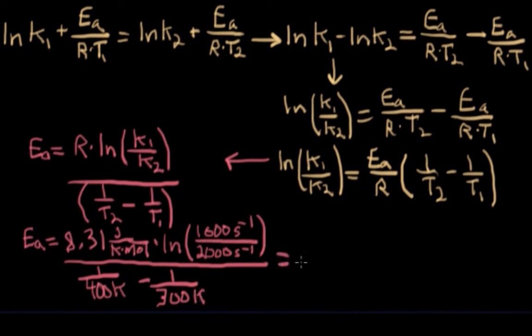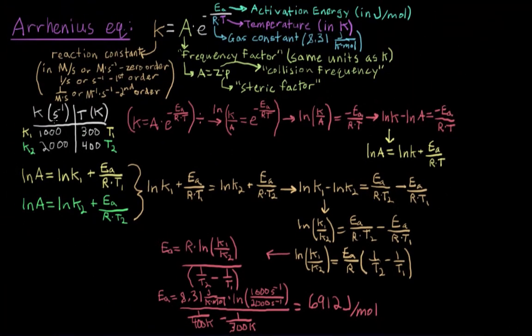And then we just plug this into a calculator, and we get 6,912 joules per mole. So that's the activation energy for this hypothetical reaction with this set of data here.